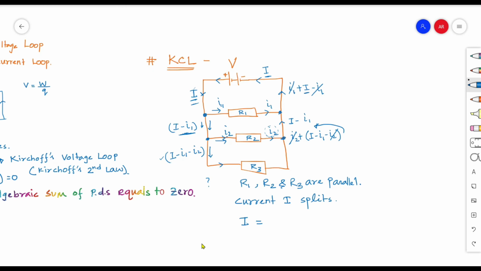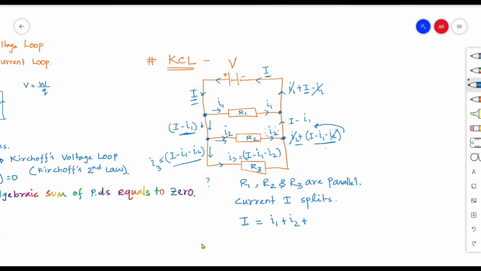So I here splits into I1, I2 and I3. Let's label this current I3 that flows through the resistor R3. And you understand this I3 is nothing but I minus I1 minus I2. This much current was left out and it did not have any branch to split up once again.